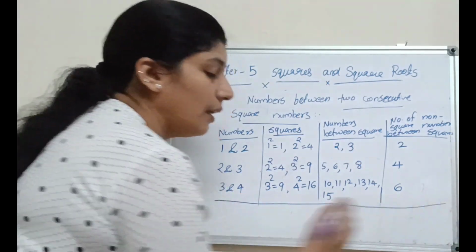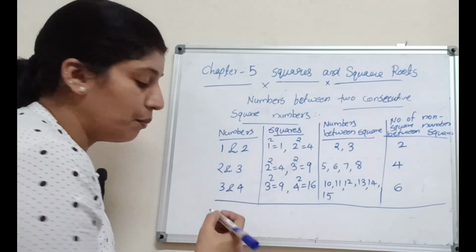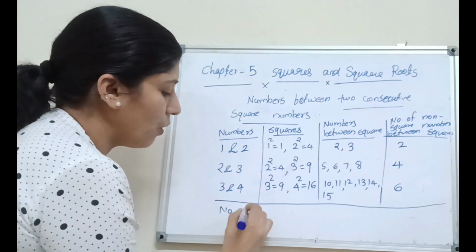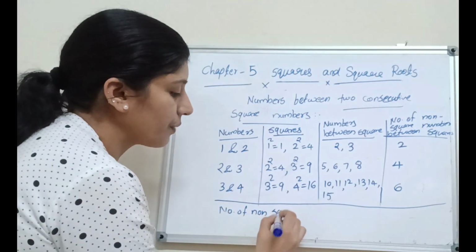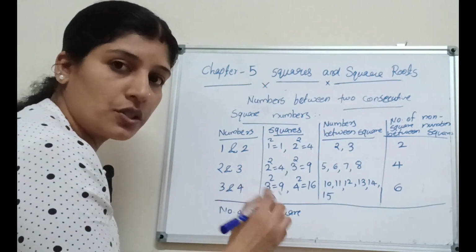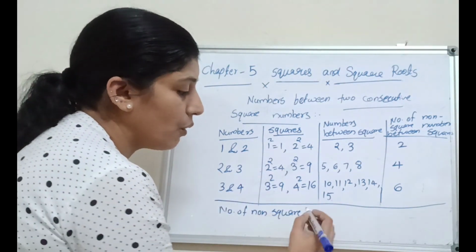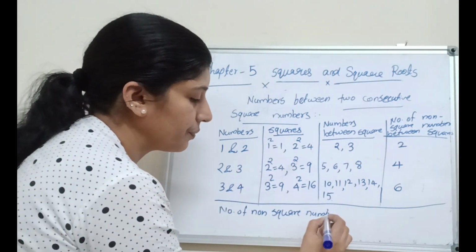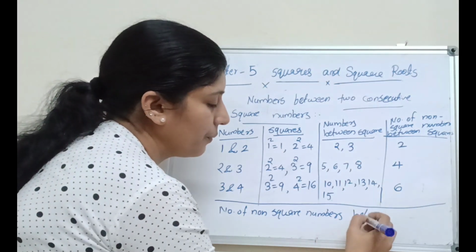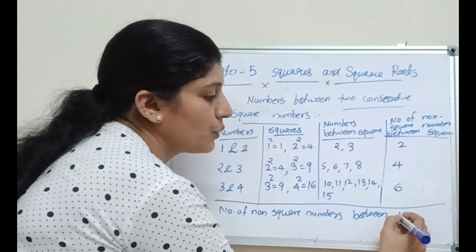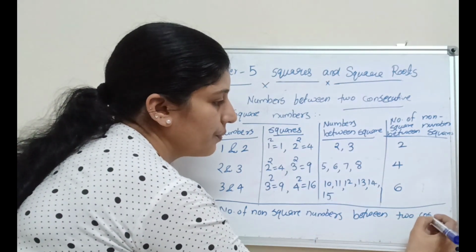The number of non-square numbers between two consecutive squares is equal to 2 into the smaller number. That means in the case of consecutive numbers, whichever number is smaller, 2 into the smaller number is the number of non-square numbers between the two consecutive squares.